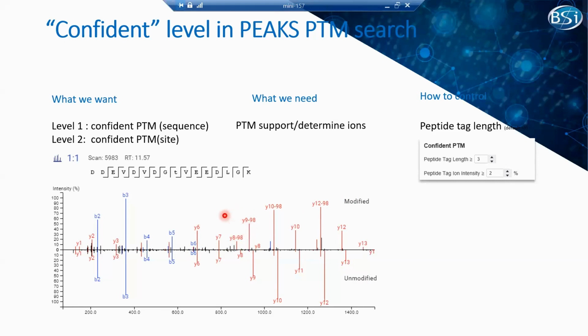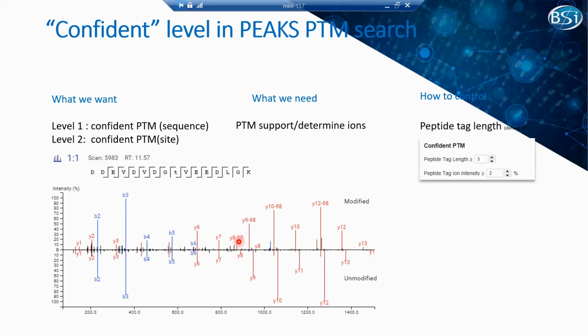The interesting part is at y8. We found that the modified y8 and the unmodified y8 are shifted. They are shifted starting from y8, so from y8, 9, 10, until the end, all of them have a shift. That's why we say the phosphorylation is here.